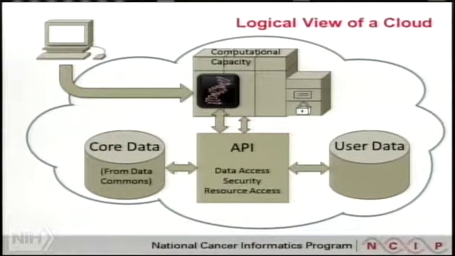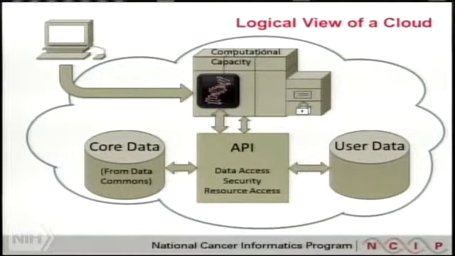In addition, we would provide obviously storage that would be co-located, both for core data, the NCI public data, which would come from something we're calling a data commons. I'll have more to say about that in a moment, as well as local user data, so that it can be aggregated and used in the computations. Finally, in the center here, this little box labeled API stands for Application Programming Interface.